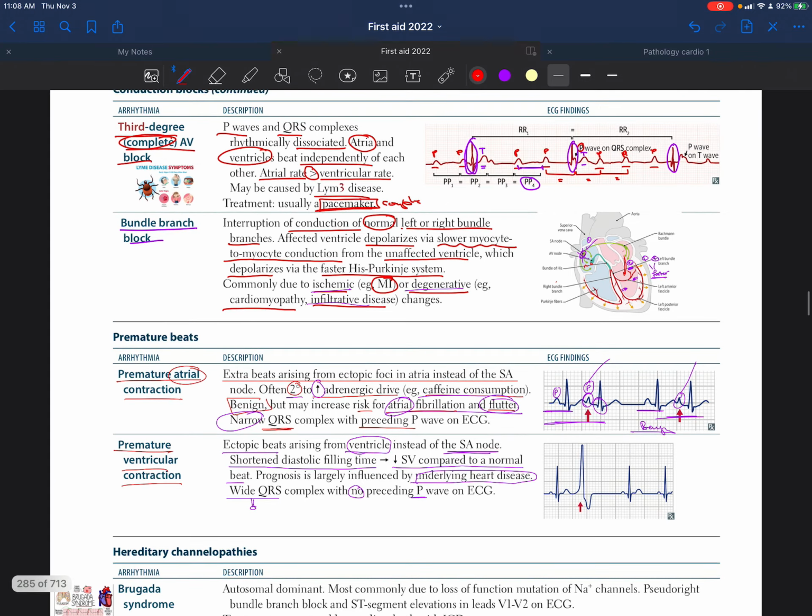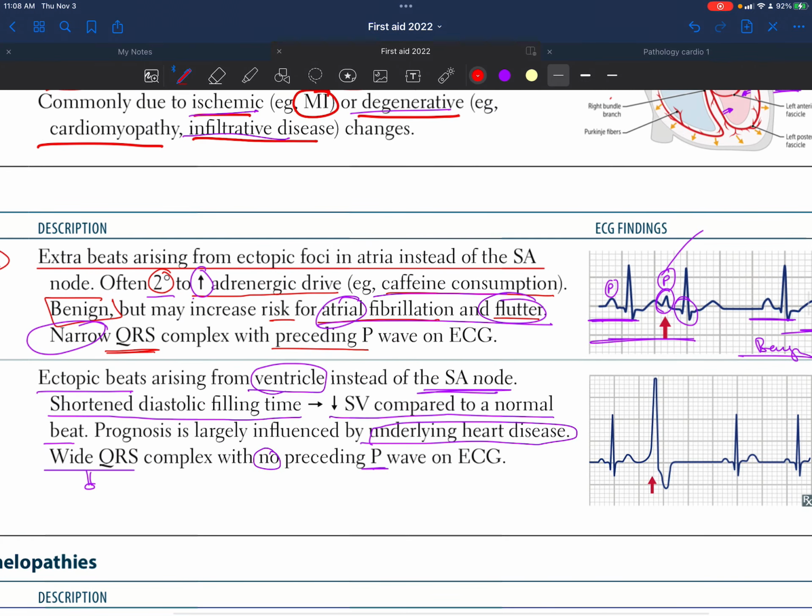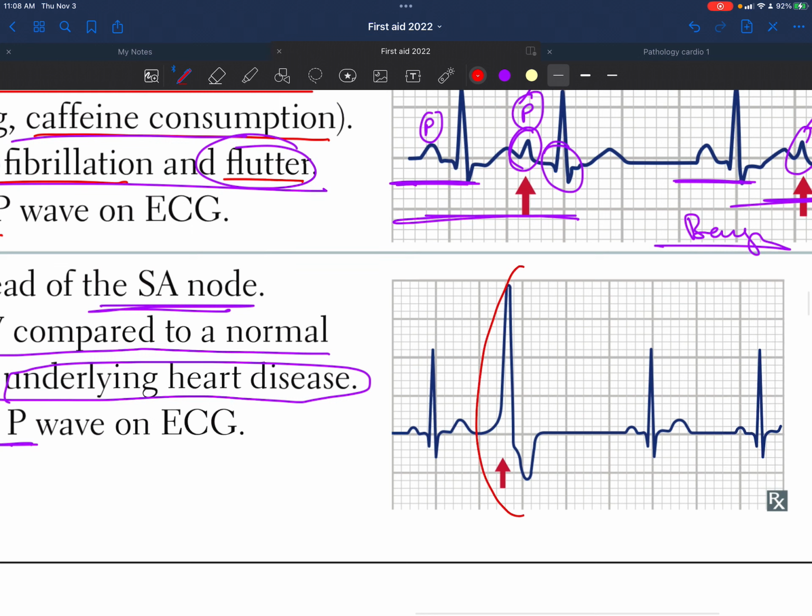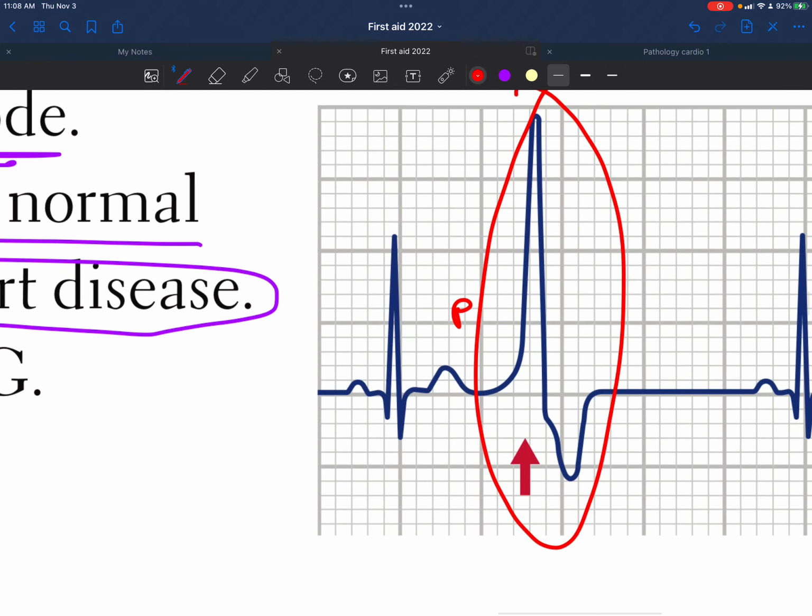And of course, on the ECG, we see a QRS complex like this one that is not necessarily preceded by a P wave, because it's due to the ectopic foci, and the ectopic foci are beating on their own, so there is no induction due to the SA node.